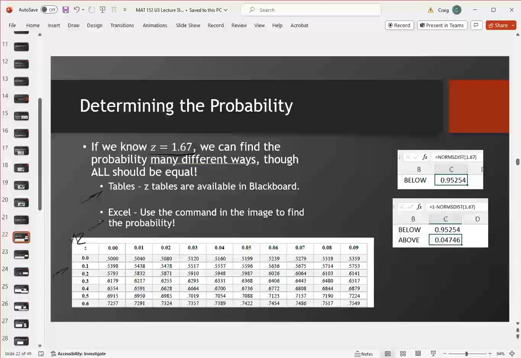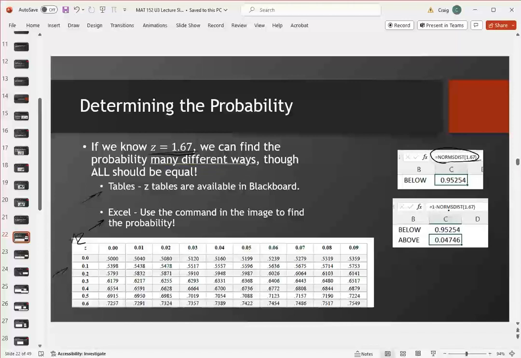But you can also use Excel. Excel will calculate these probabilities very easily for you. There are two different functions that you'll need, and I'll try to show examples with Excel as we go through this video. So the first thing that you need is this command, which will give you the probability given the z-score.